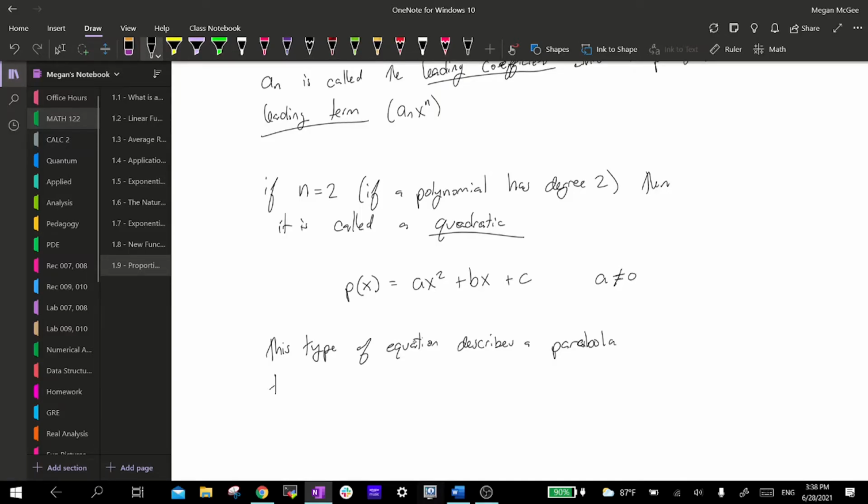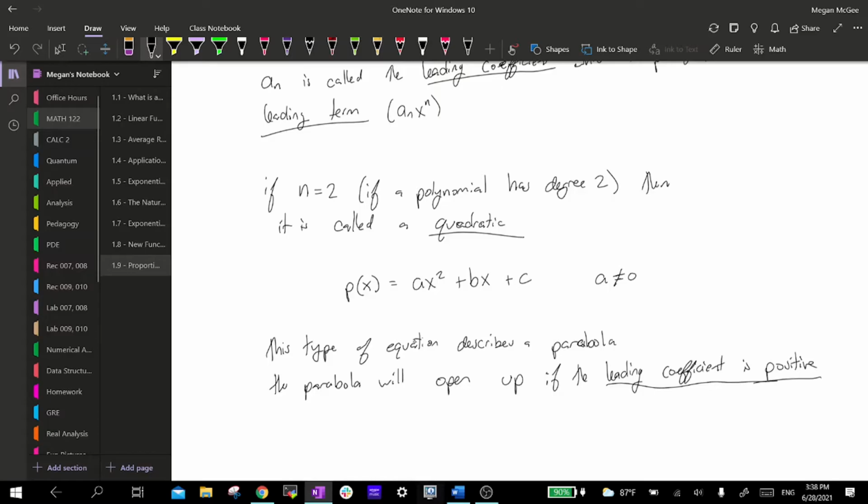All right. The parabola will open up if the leading coefficient is positive.